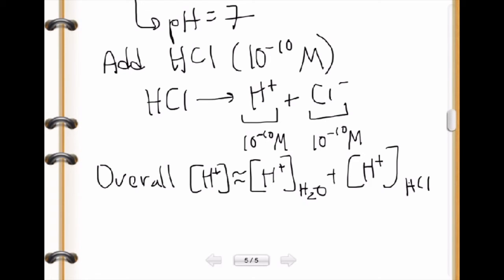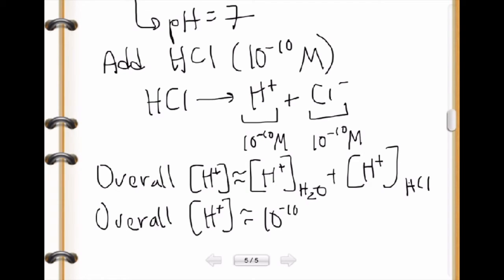And if that's the case, then the overall H plus is equal to 10 to the negative 10 molar. Oh, wait. 10 to the negative 7th, right? Because water is 10 to the negative 7th, plus 10 to the negative 10th molar.